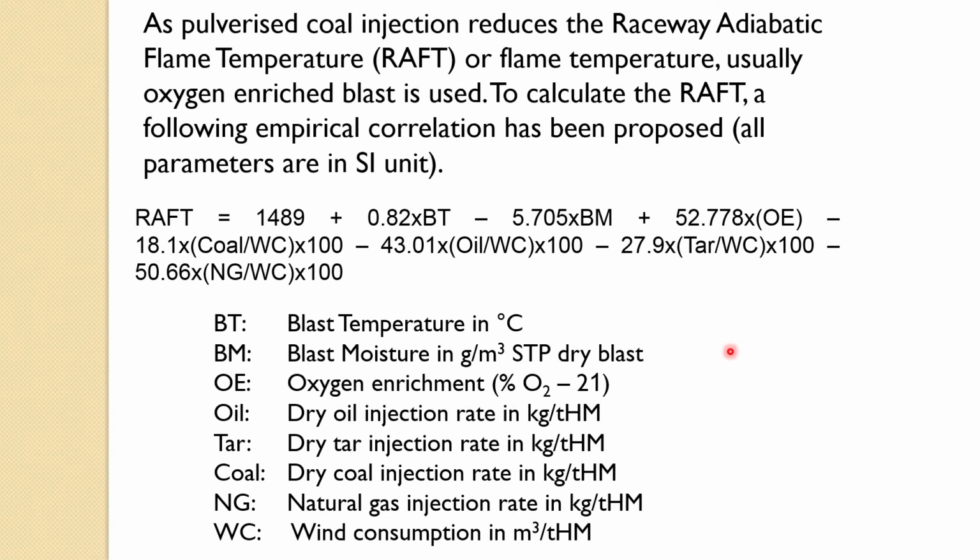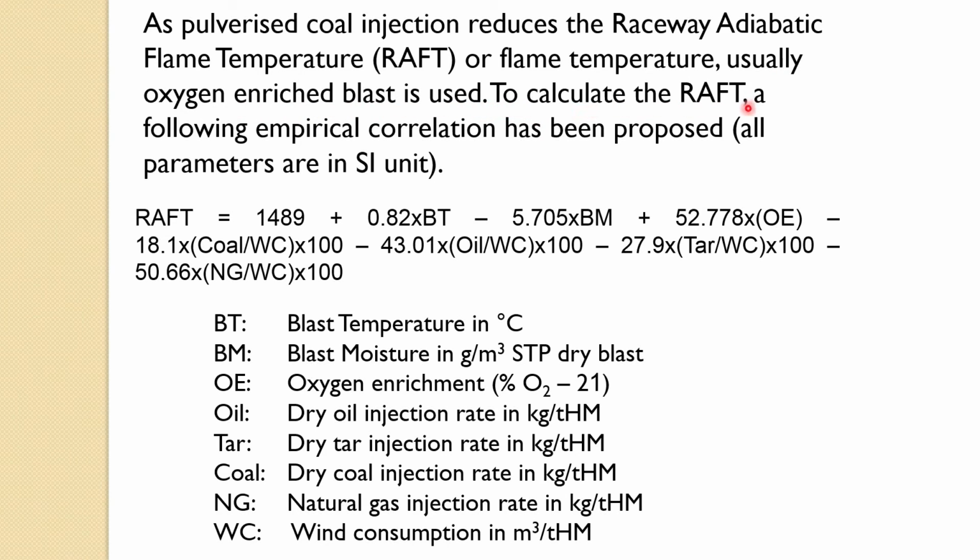Similarly, as we said, when we talk about the flame temperature, many times this is known as the raceway adiabatic flame temperature. Pulverized coal injection reduces the raceway adiabatic flame temperature, as we were referring to before. So, usually oxygen enriched blast is used.